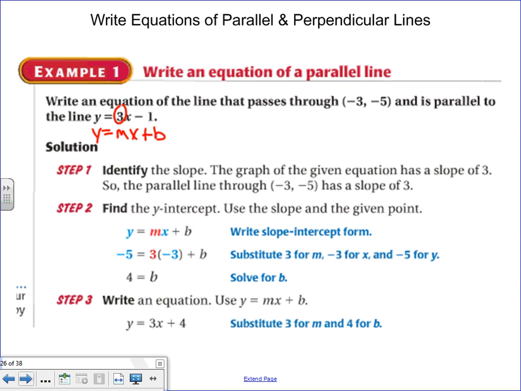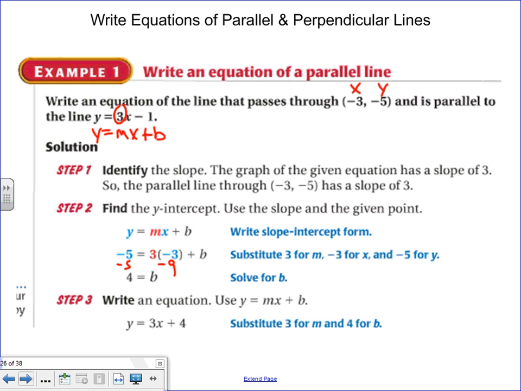The next thing you need to do is find the y-intercept. So again, back to y equals mx plus b. You put the 3 in for m, and then remember the point -3, -5: you have an x, you have a y. They substituted those into the equation, -5 for y, -3 for x. 3 times -3 is -9.